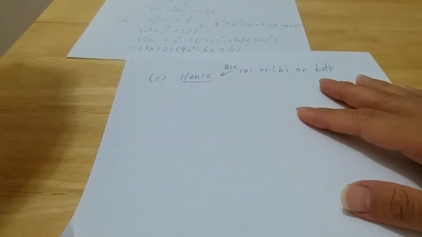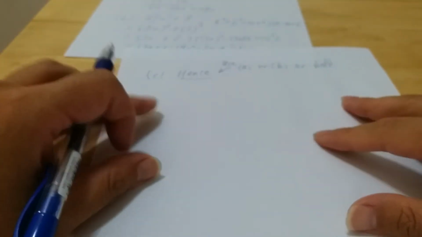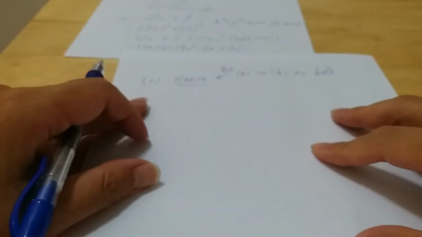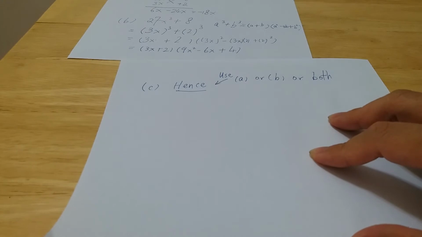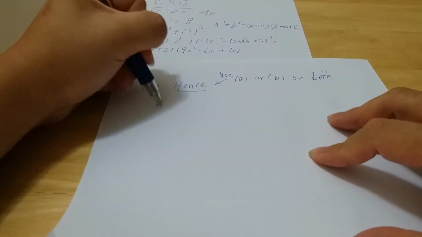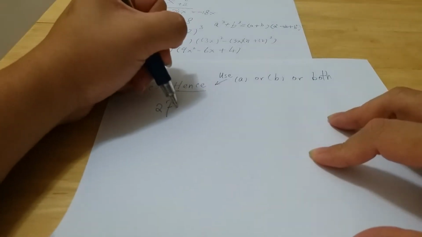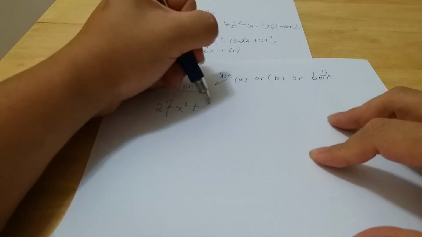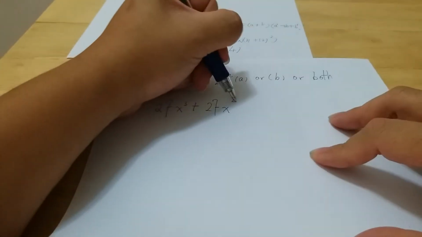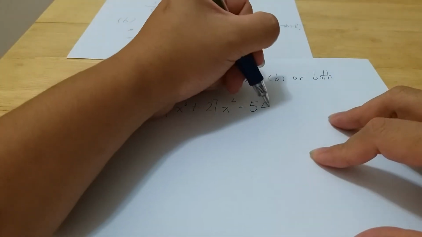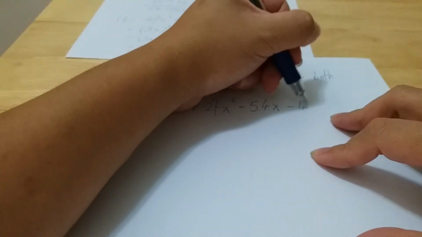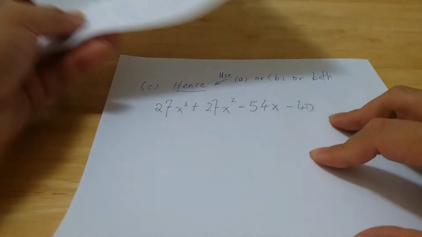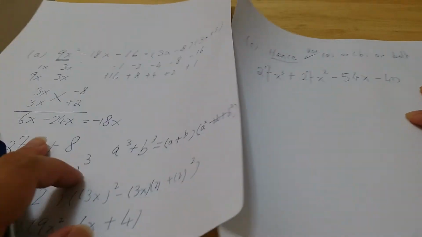Use this one. Okay, now, so let me focus first. Now we have 27x cubed plus 27x squared minus 54x minus 40. Now we look at this for part A and part B.